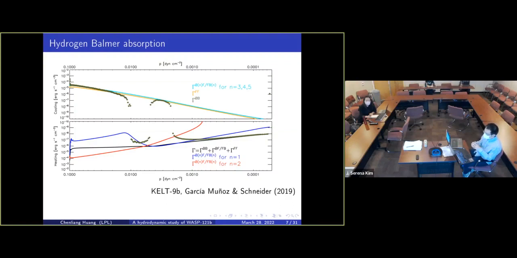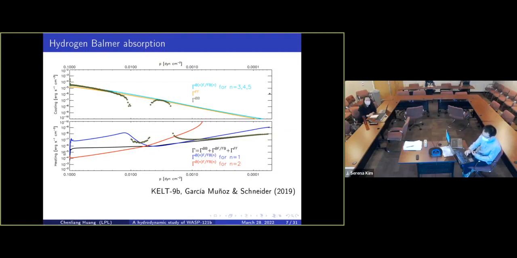For this system, they have some quite interesting observation. So the plot here shows the model from 0.1 microbar to 10 to the minus 4-ish microbar and shows the several major heating and cooling channels.